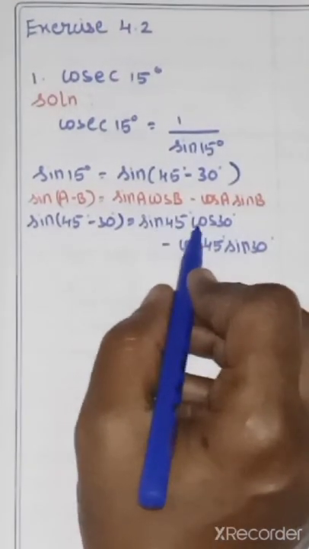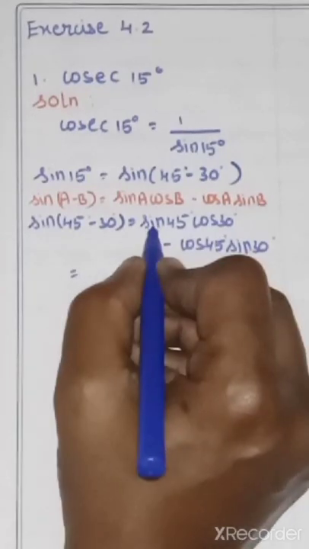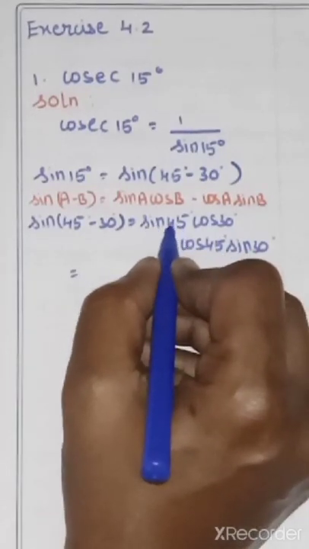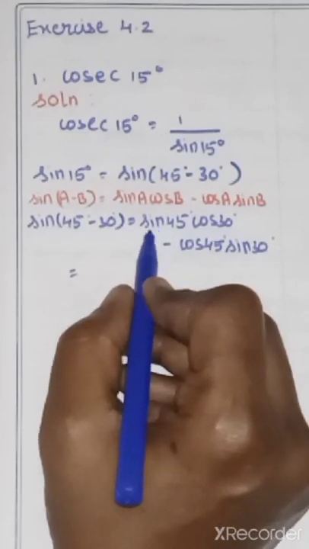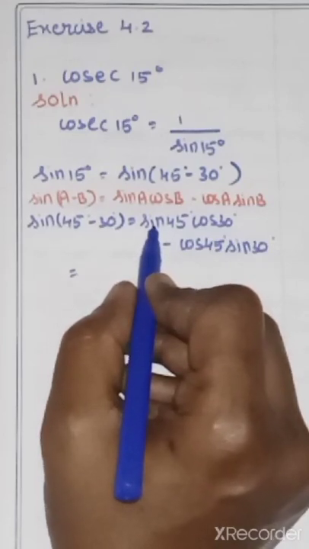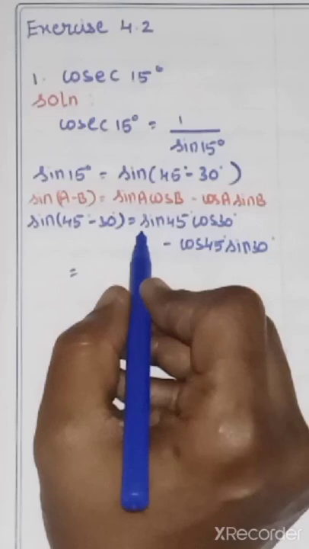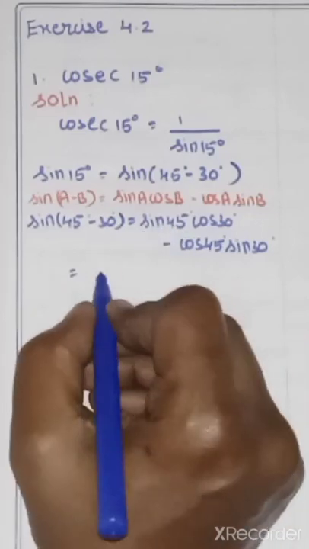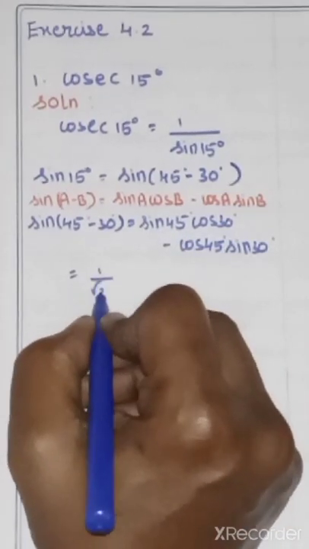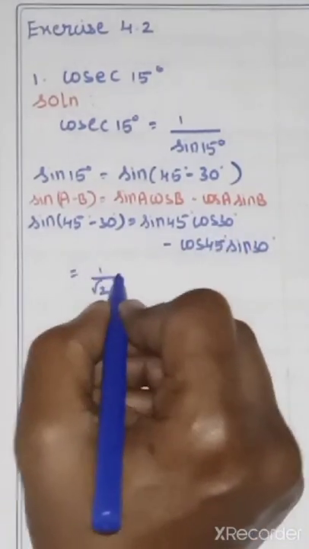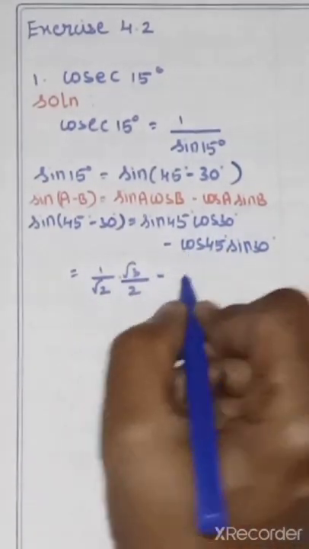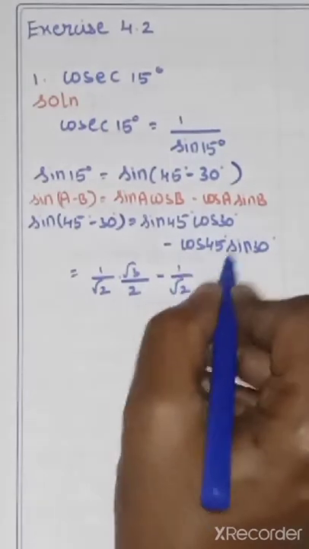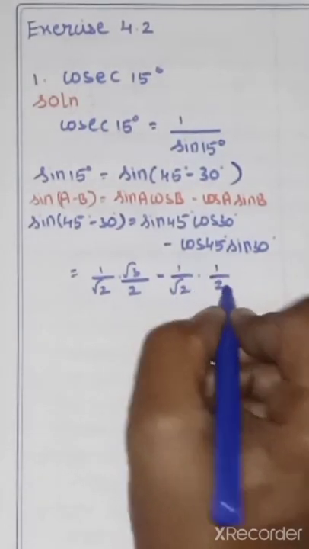All these values you know, so just substitute. What is the table value of sine? 0, 1 by 2, 1 by root 2, root 3 by 2, 1. So sine 45 is 1 by root 2, cos 30 is root 3 by 2, minus cos 45 is 1 by root 2, sine 30 is 1 by 2.